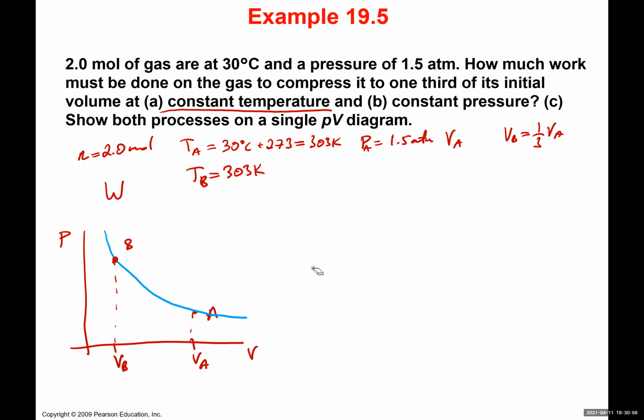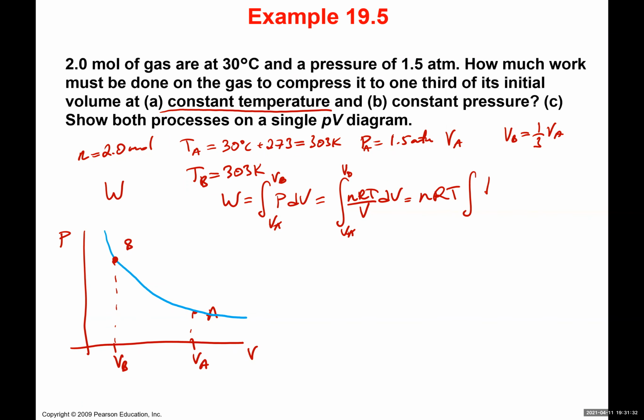Okay. And then one thing I can do here is calculate the work done for the isothermal process, which is, if you remember, the integral of P dV going from VA to VB. And then P is changing, right? But I can replace it with nRT over V, dV, which then allows me to take out nRT and then integrate dV over V, going from VA to VB.